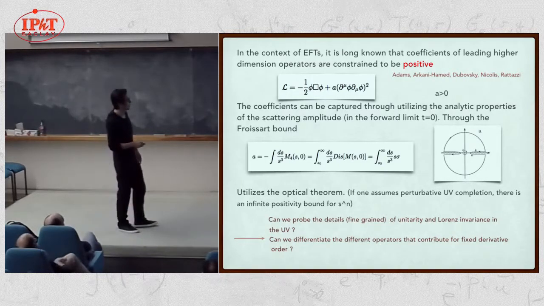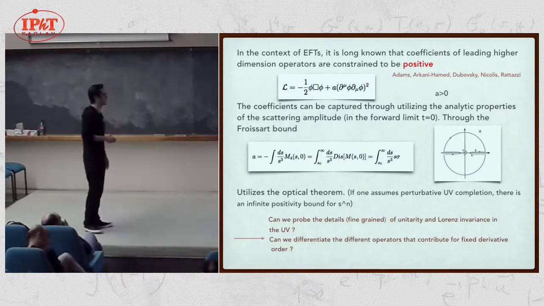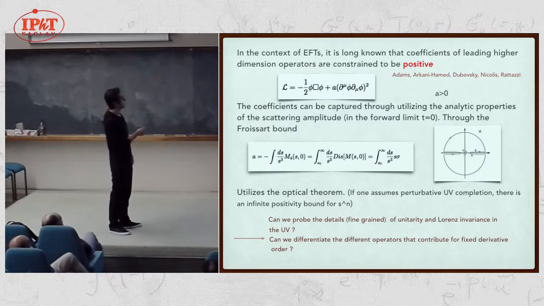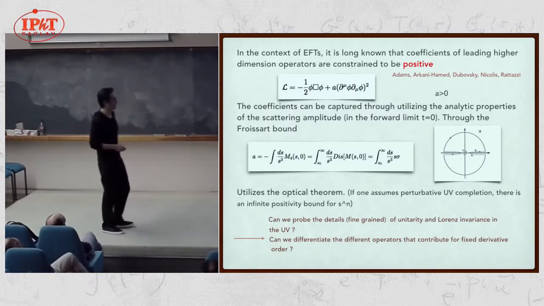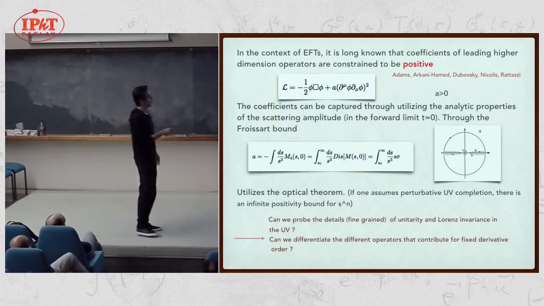Let me go through this argument very quickly, because we're going to extend it very soon. The statement is that you can pick out the coefficient from the four-point scattering amplitude in the forward limit by doing a contour integral, where the contour encircles the origin. But then you can do a contour deformation, and by using either the Froissart bound or sufficient assumptions about how this amplitude behaves at infinity, you can drop the infinity contribution.